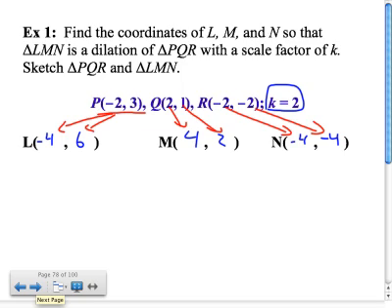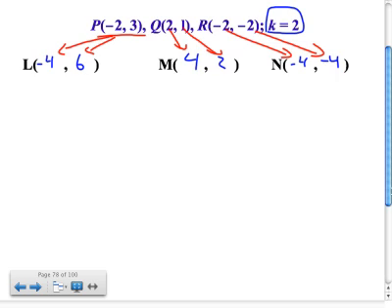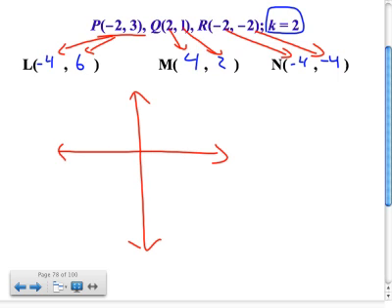All right, and so when I graph them, I'm just going to sketch them really quick. So here's my xy. P is (-2, 3). So there's P. Q is (2, 1). There's Q, and R is (-2, -2). So there's R. So here's my initial triangle, the red one. Now I'll plot the new one in blue.